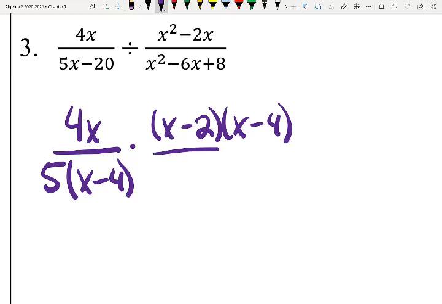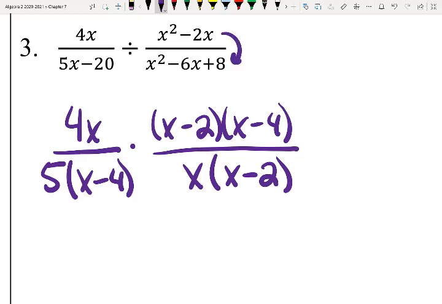And then my numerator in the original problem, x squared minus 2x. When I factor that out, they have just a GCF of x in common, but that ends up being my denominator. Because again, I'm multiplying by the reciprocal. So these are going to get flipped over, which is why they end up being upside down once I turn it to multiplication. But now that I've done that, I've got it factored out.